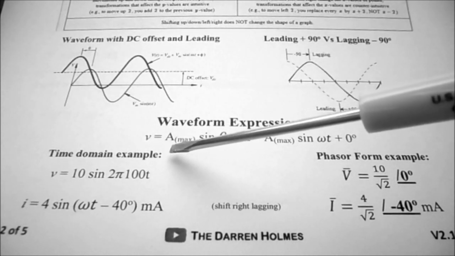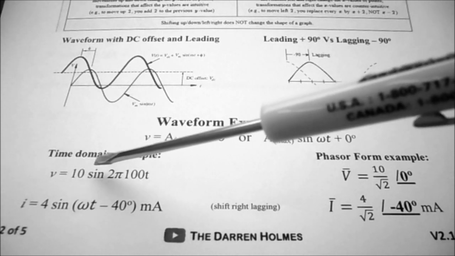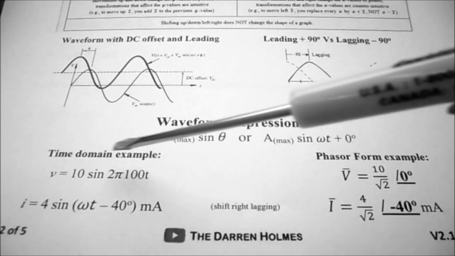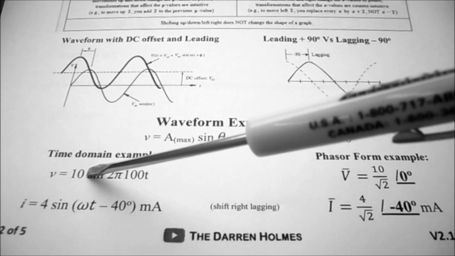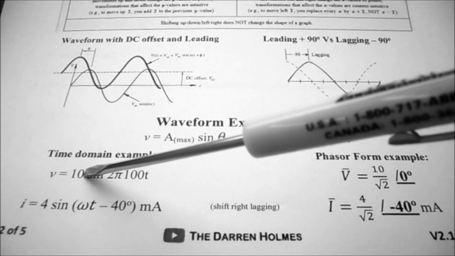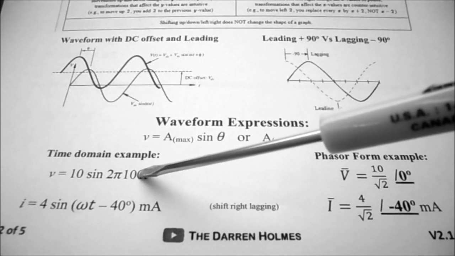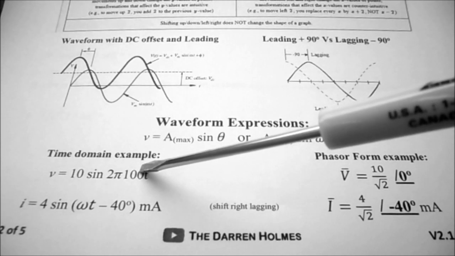So looking at these time domain examples, we can see V equals 10 sine 2 pi 100t. In this case, 10 is the maximum value, so it'd be plus 10 volts, minus 10 volts. The 100 represents the frequency, so this would be at 100 hertz.